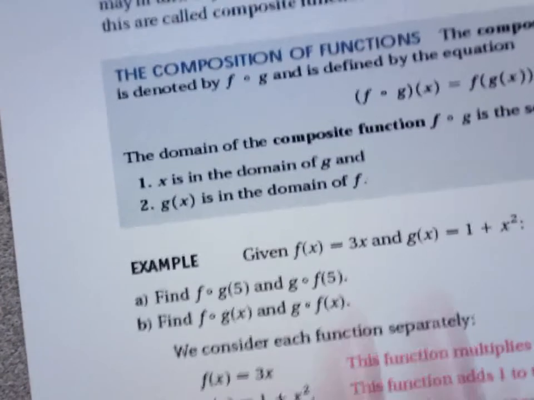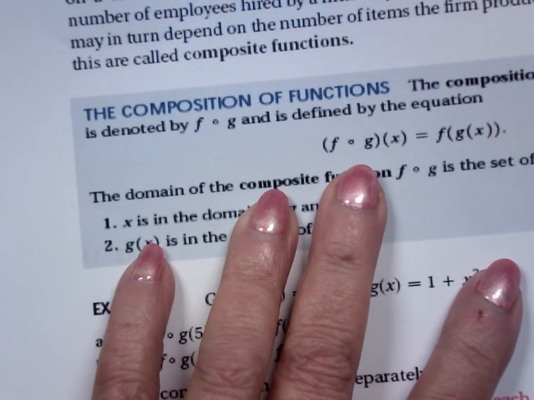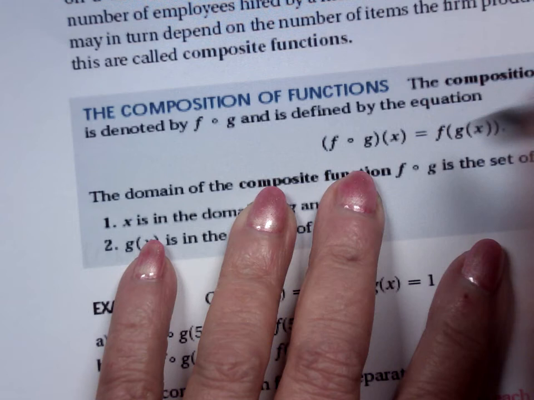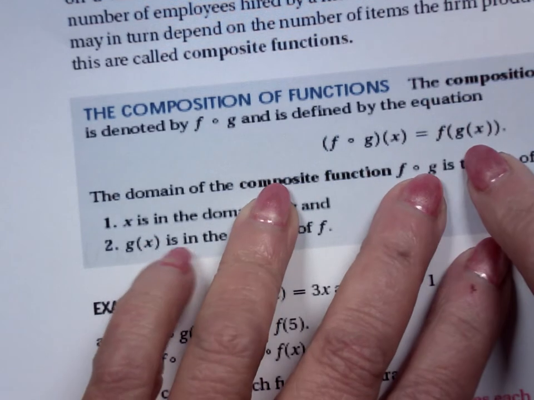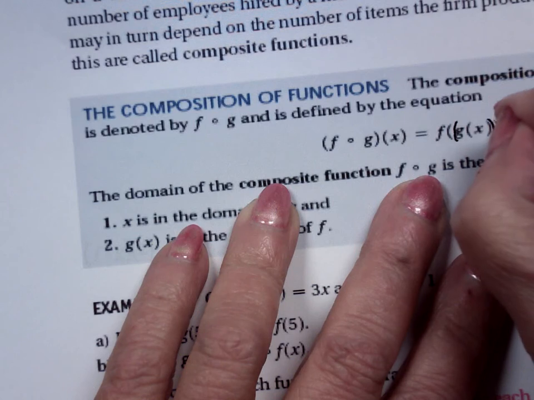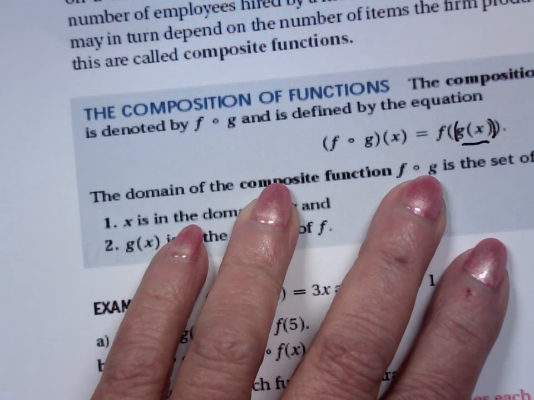So essentially, what is a composite function? Well, notation is f with a little circle g of x, which is f of g of x. So notice, instead of having an x here by itself, it's got a function. So it's a function of a function.